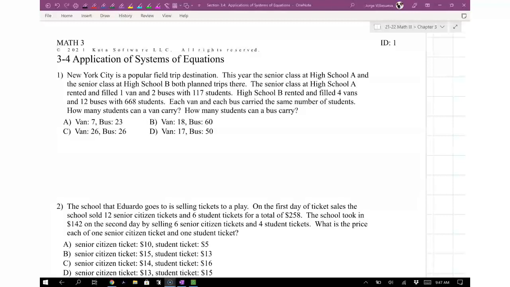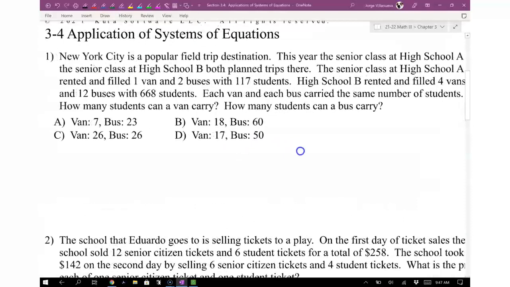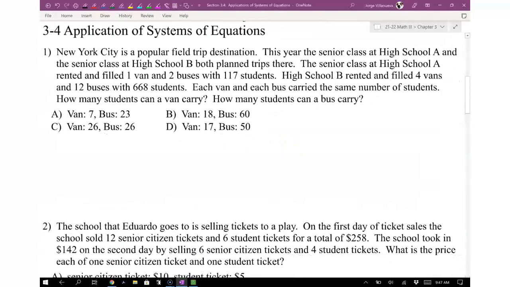So we'll start off with the very first problem, okay? Here we go. New York City is a popular field trip destination. I'm just going to read it. This year, the senior class at High School A and the senior class at High School B both planned trips there.